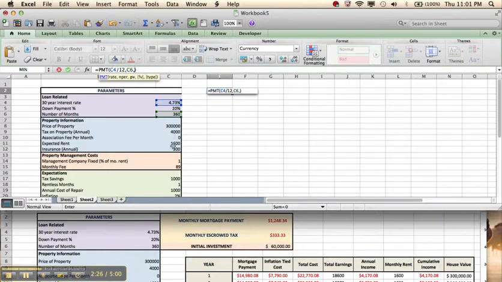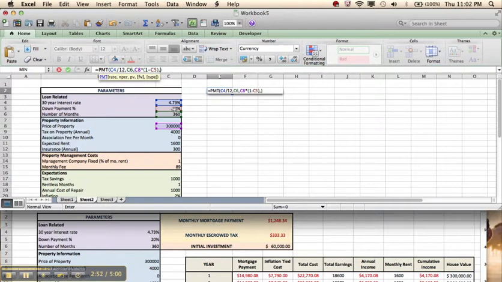So that will be this number, which is C8, multiplied by 1 minus 20%. 20% will be read as 0.2. Let me close the parentheses and then comma.